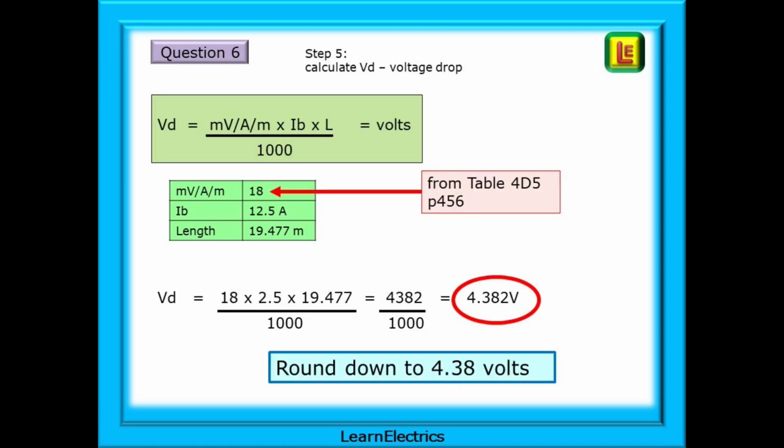Step 5. Go to table 4D5 and find the MVAM number for 2.5 square millimeter copper conductor. This is 18, and now we can calculate the actual voltage drop. Putting the numbers into the calculator, we have a voltage drop of 4.382 volts, and we can round this to 4.38 volts.